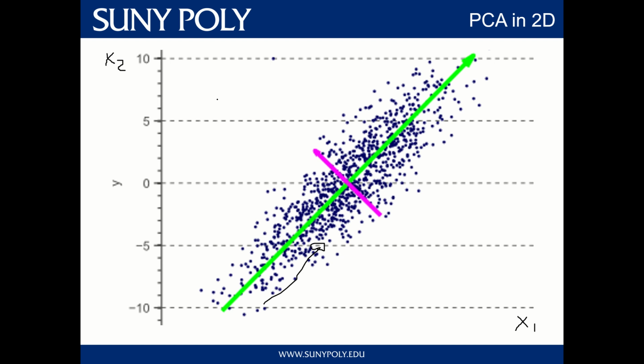Remember from linear algebra, if you have a vector, how is another vector that is perfectly correlated to this one going to look? They're going to be in parallel. So these two vectors are correlated because one is a multiple of the other. If they are in parallel, they are perfectly correlated.